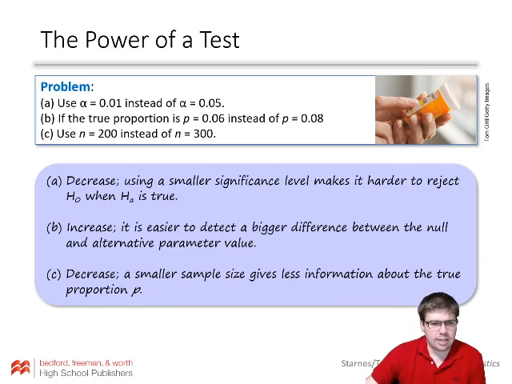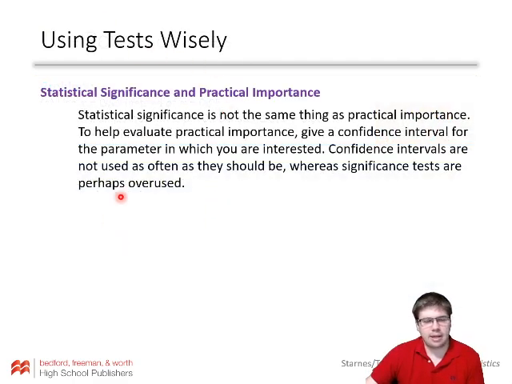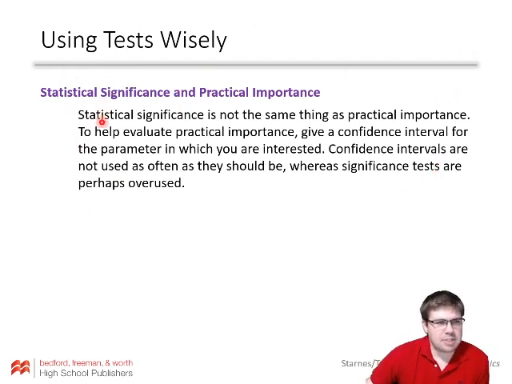All right, and then one last little bit for this chapter: using significance tests wisely. There are some common mistakes. Statistical significance is not the same thing as practical importance. To help evaluate practical importance, give a confidence interval for the parameter in which you are interested. Confidence intervals are not used as often as they should be, whereas significance tests are perhaps overused.